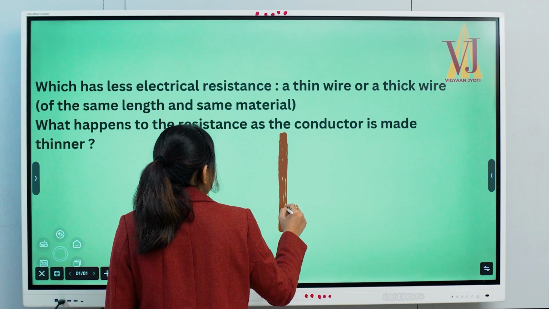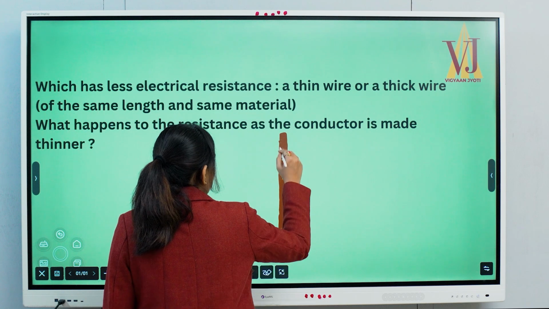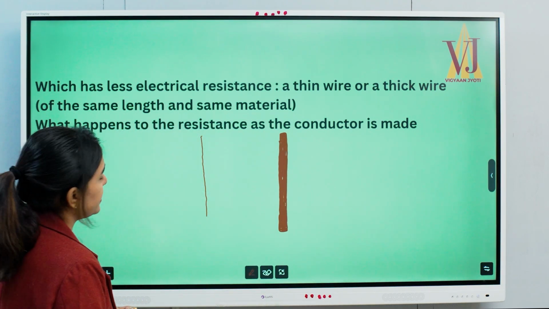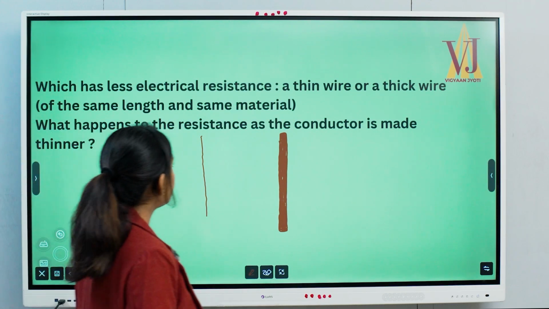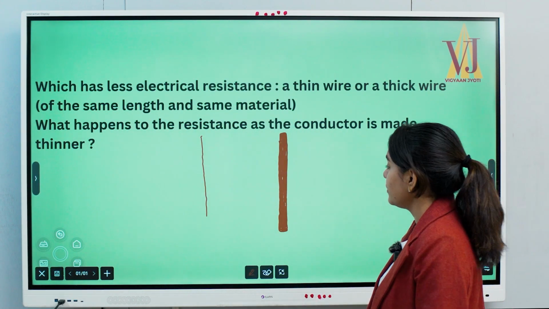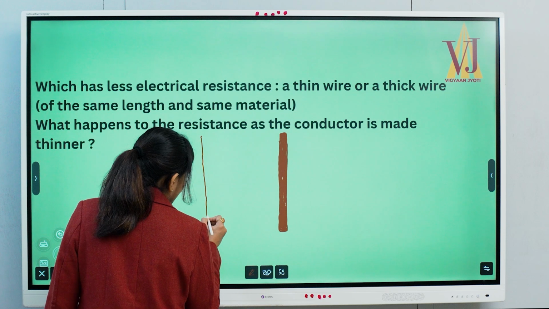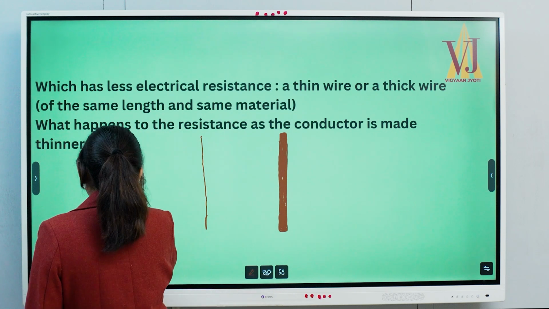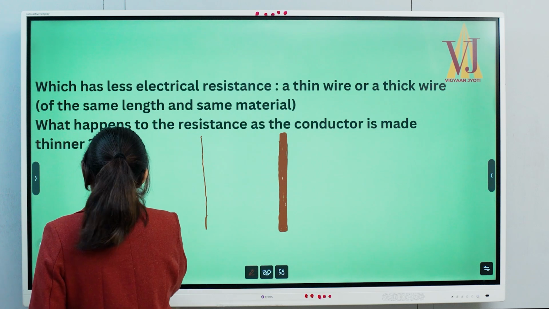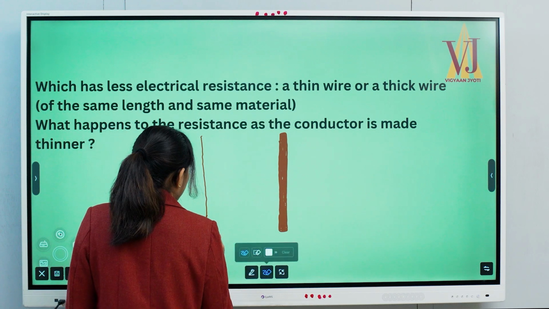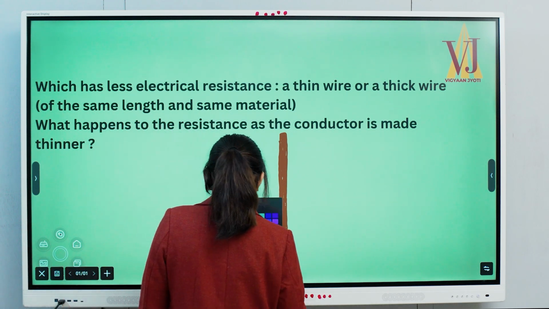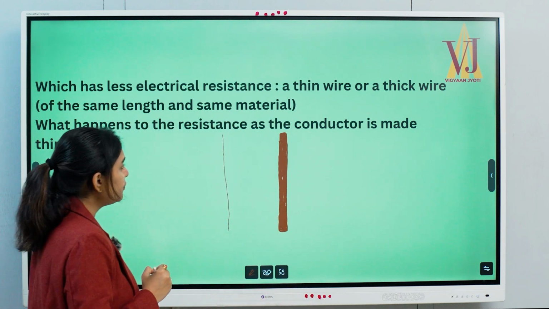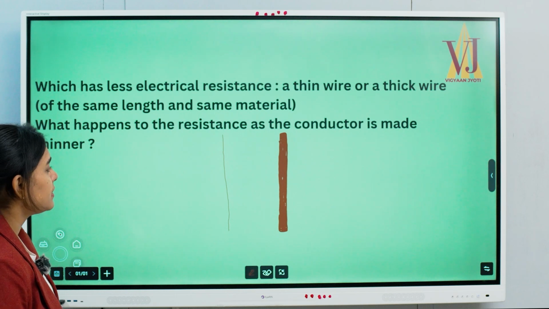So let's say this is a very thick wire and this is a very thin wire. Okay, it's looking like a tree bark. Anyways, which has less electrical resistance, a thin wire or a thick wire? These are of the same length. Fine, no? Okay, so this is a thin wire and this is a thick wire.